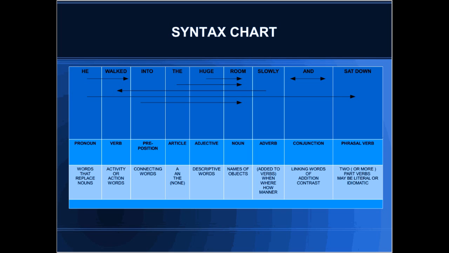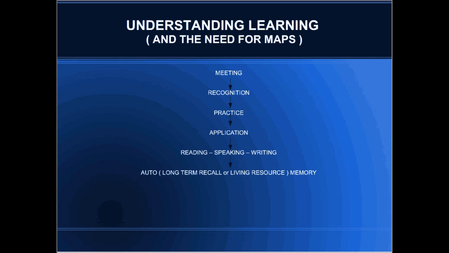Moving on from this, you should now be looking at the slide Understanding Learning and the Need for Maps. Here we add a touch of theory. This introduces one of the most commonly accepted procedures for language development in a learner.